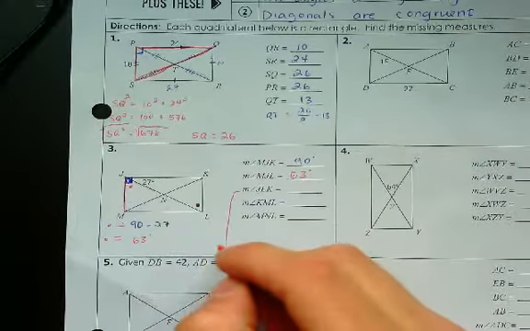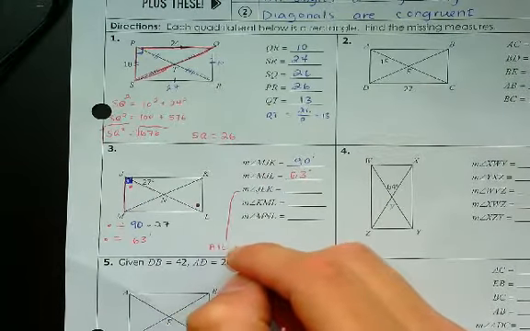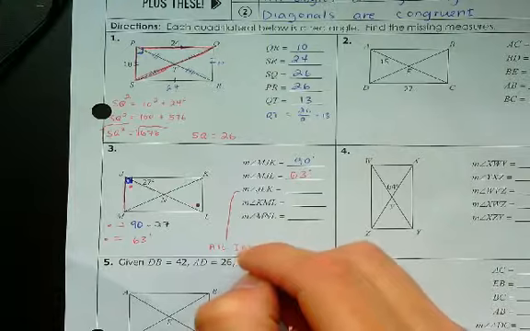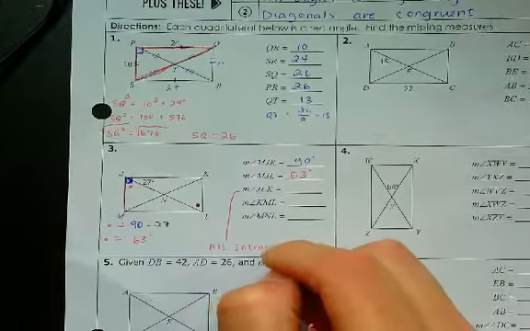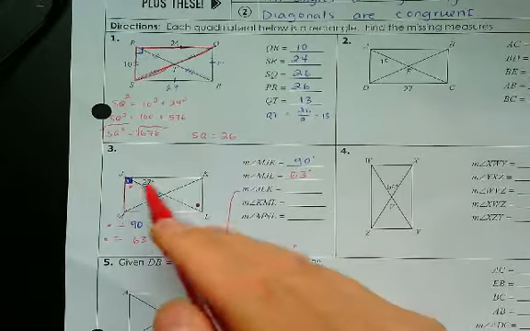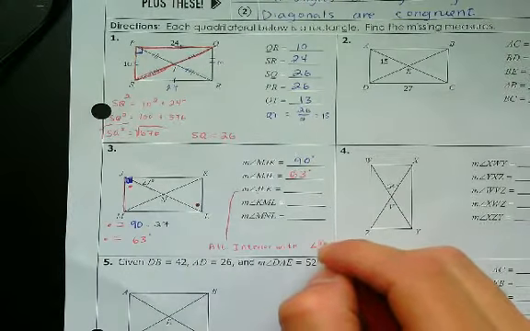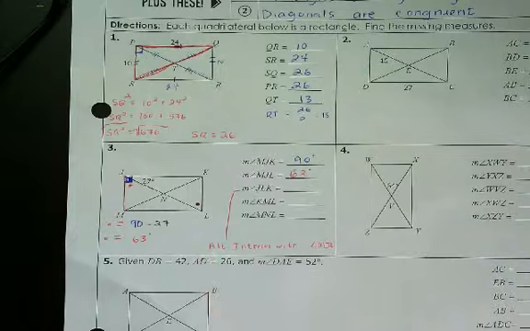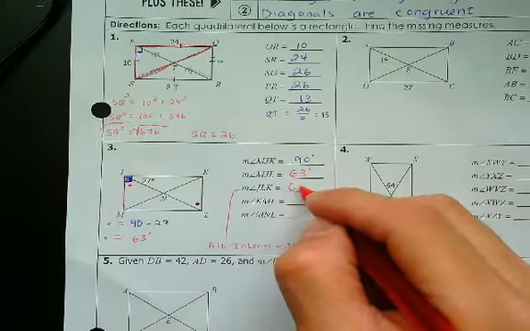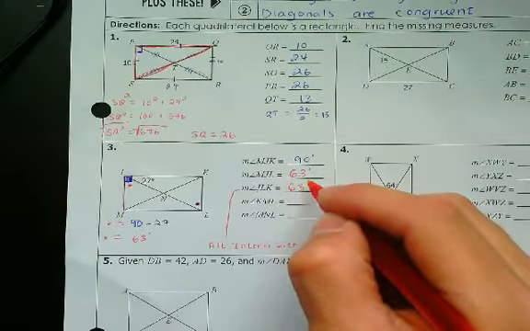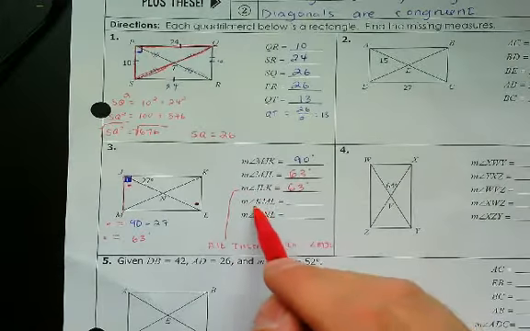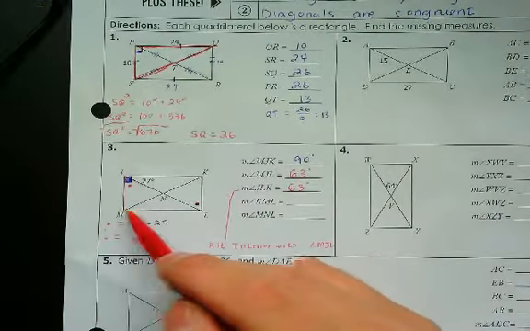So for this guy, I'm going to put alternate interior with MJL. Alternate interior, those are the same. That's also 63 degrees.